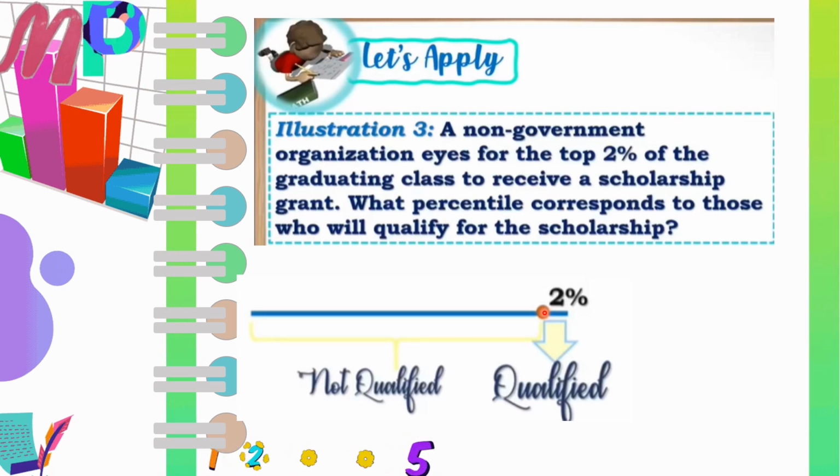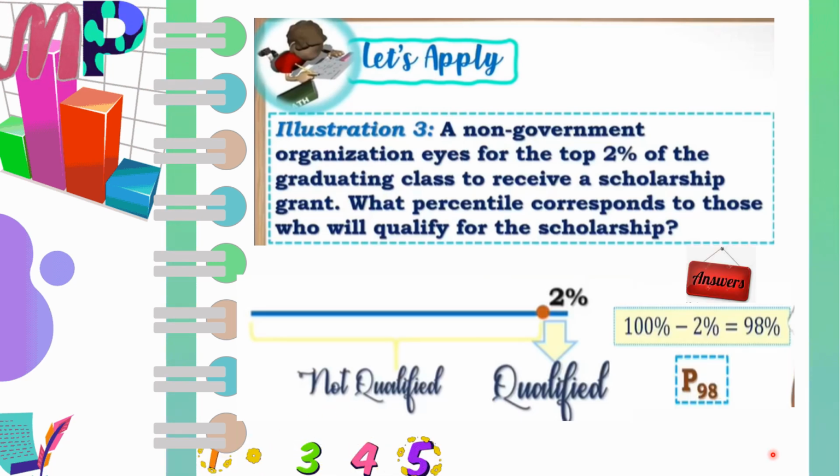Yes, there is a remaining 98%. So this 98% falls below this position, represented by P sub 98, or the 98th percentile.